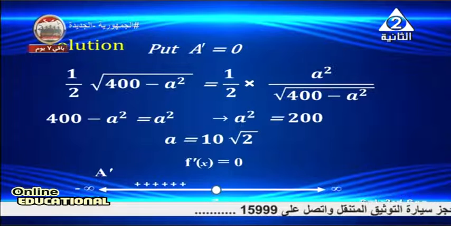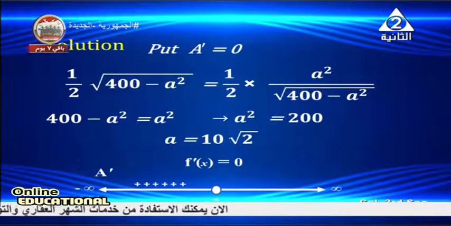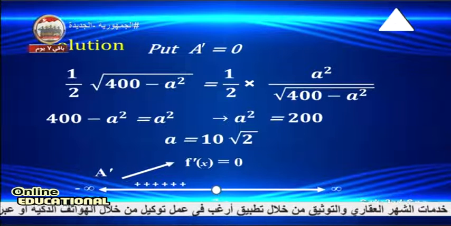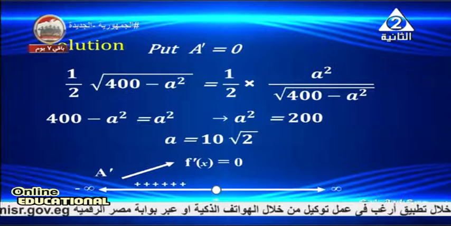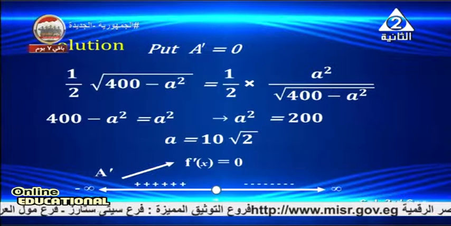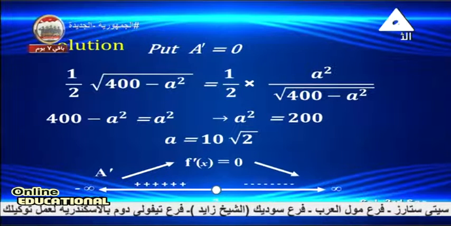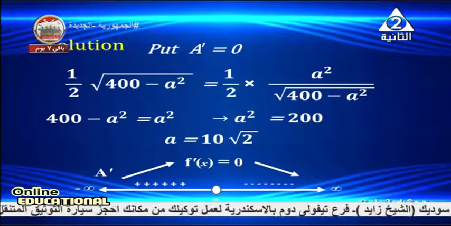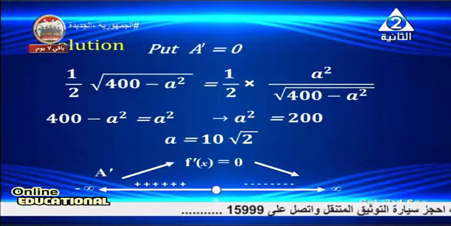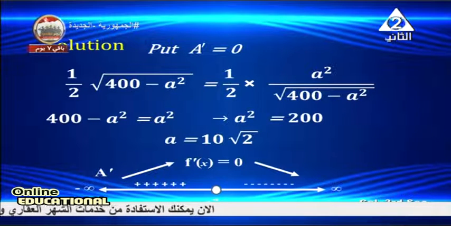And in the open interval from negative infinity to 10 root 2, the first derivative is a positive value, then the function is increasing on this interval. And on the open interval from 10 root 2 to infinity, the derivative is a negative value and the curve of the function is decreasing, then the function, or the area, is maximum when a equals 10 root 2.